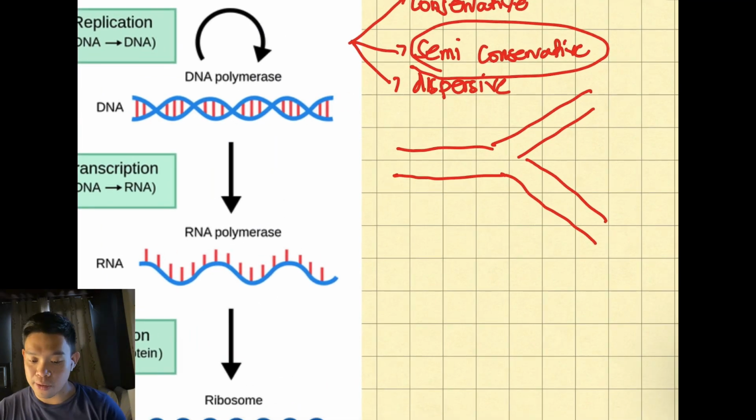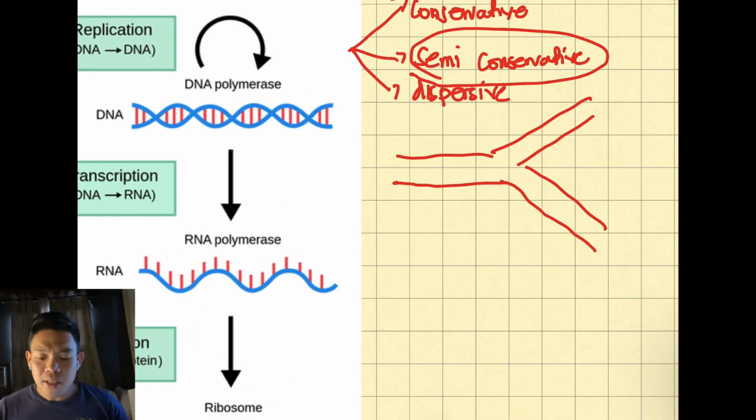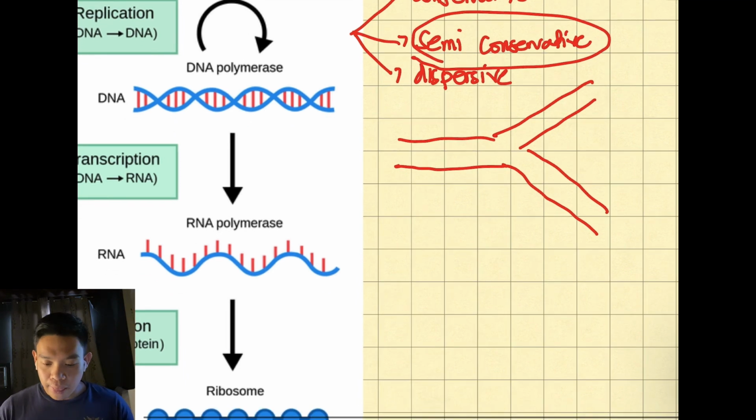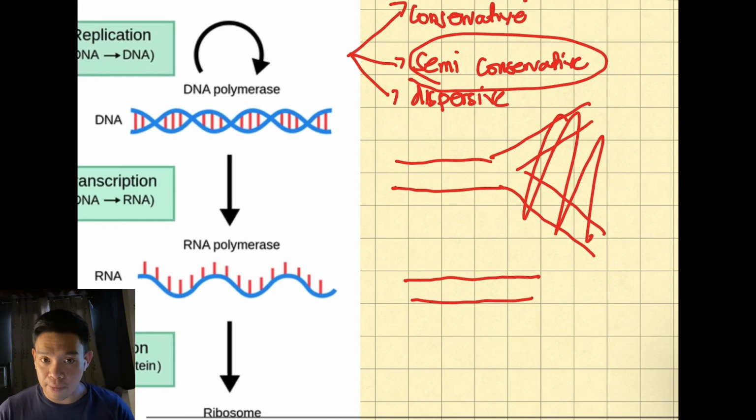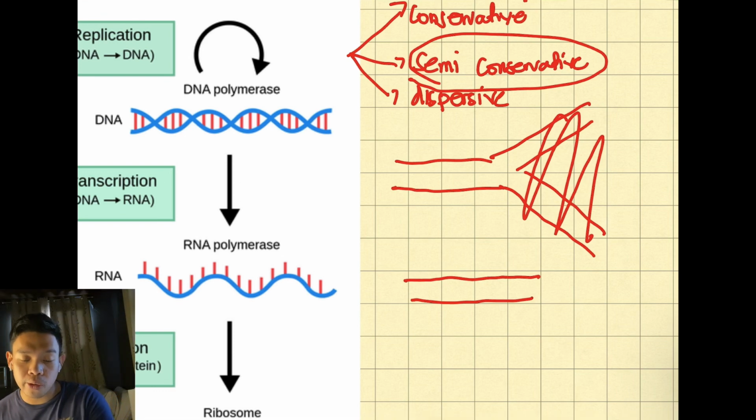If this is conservative, the DNA just replicates and does not form this part. Conservative means the DNA has a single-stranded molecule that duplicates itself. Then it's okay, but it is not the real process.